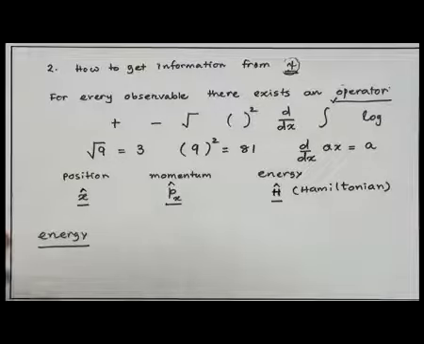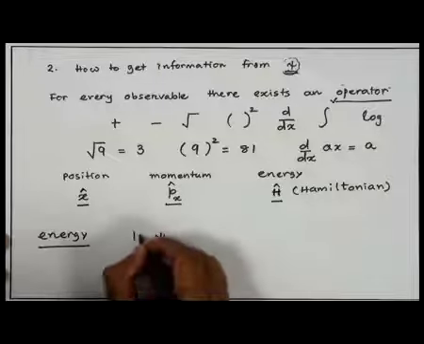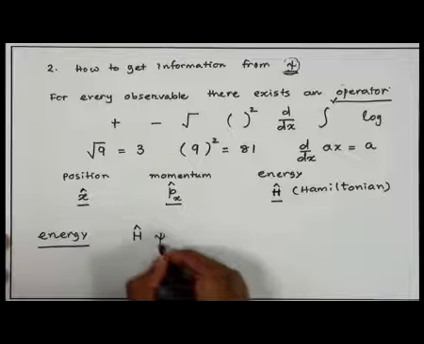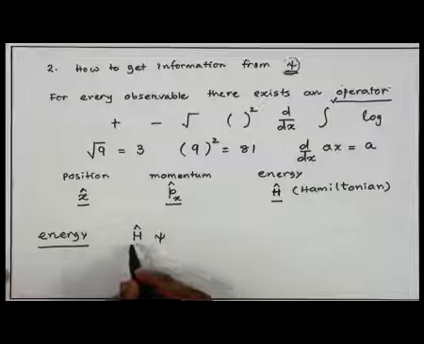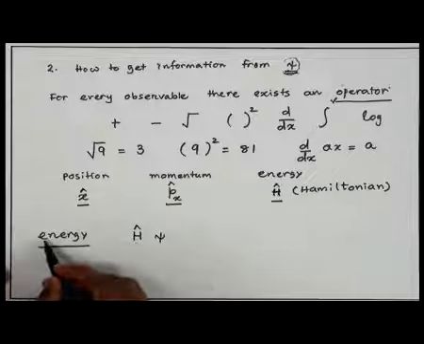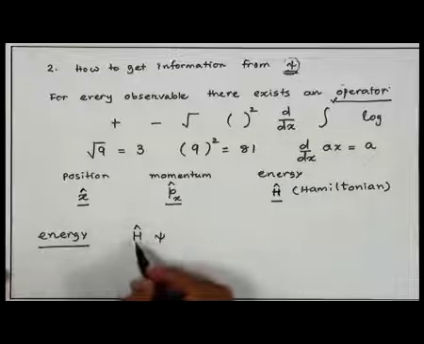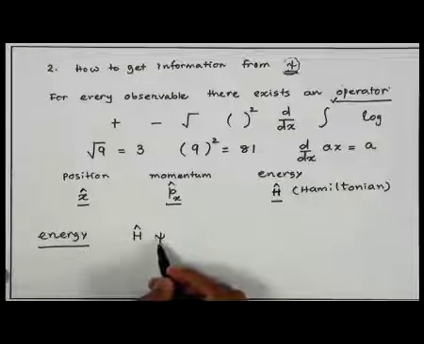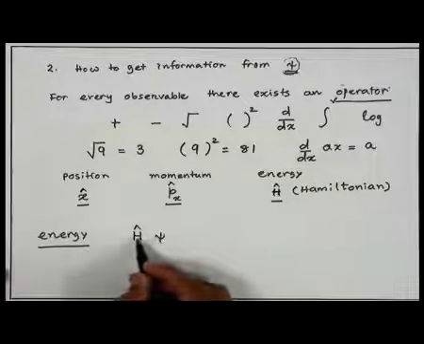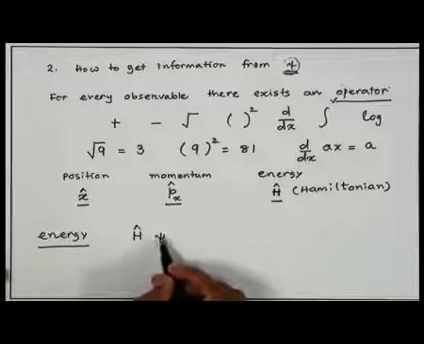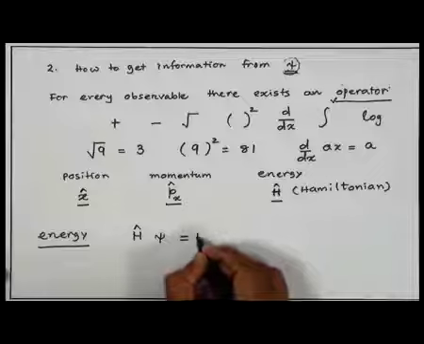Quantum mechanics tells us that there exists this wave function psi, and there exists this operator H. The wave function contains all the information, and the operator asks the question. Since I am trying to get energy, I am using the Hamiltonian operator. Using this Hamiltonian operator, I will ask the question to this wave function, which is the citadel of all the information. And the answer that I will get will be energy.